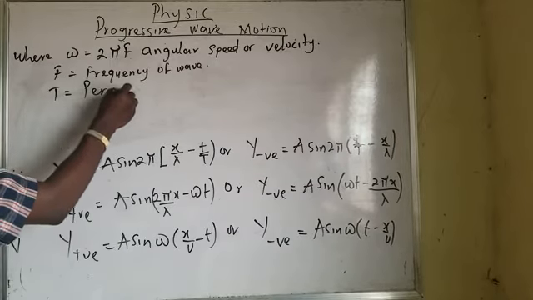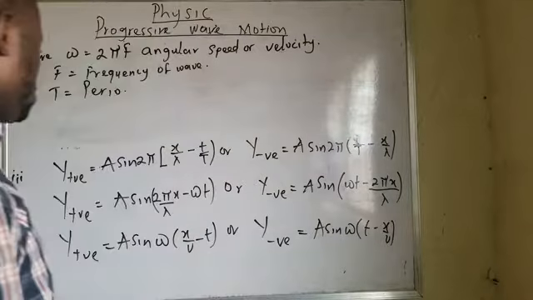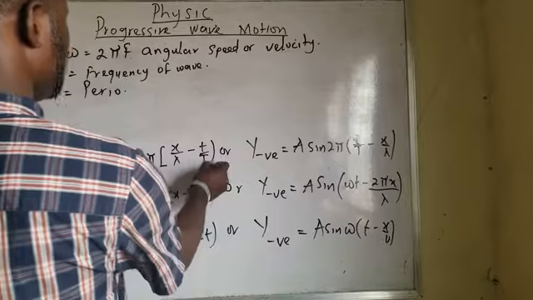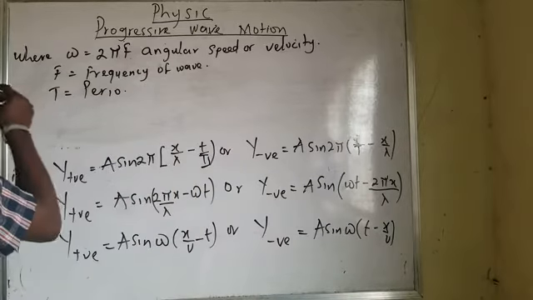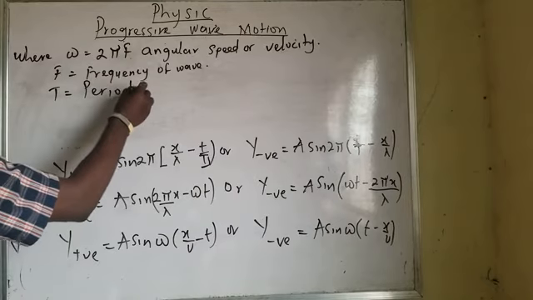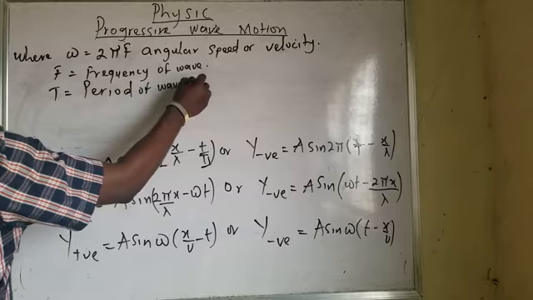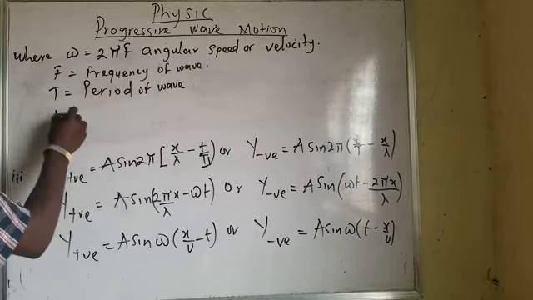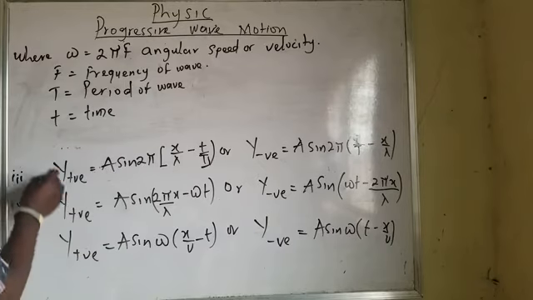We have 2T, this is 1T, which is capital letter T, this is another T, which is period and time. Big T is period of the wave, and my small t is the time.